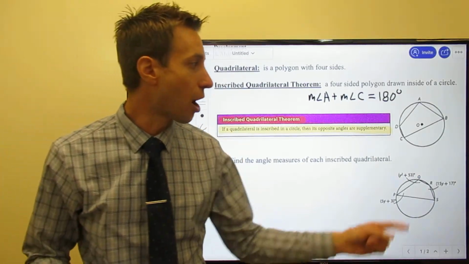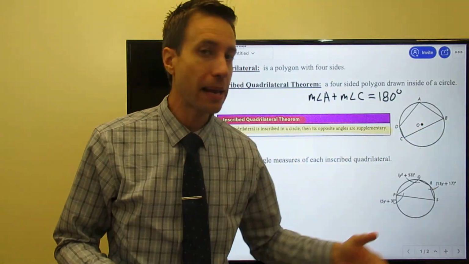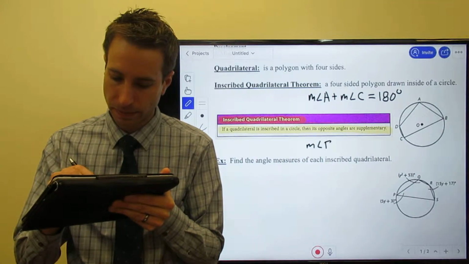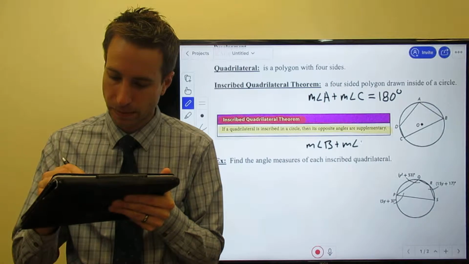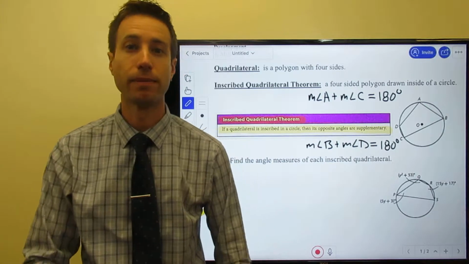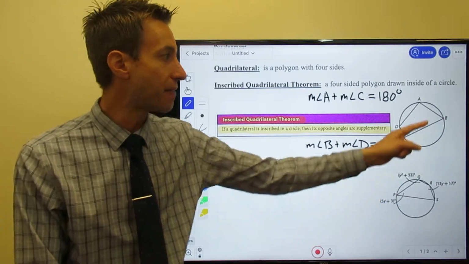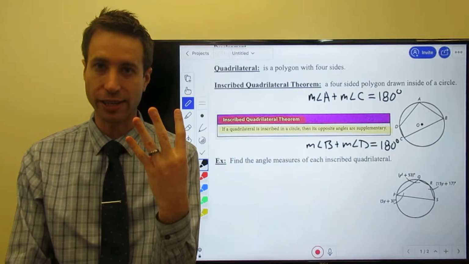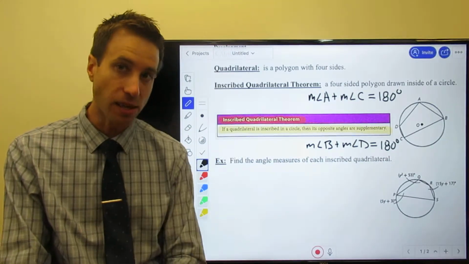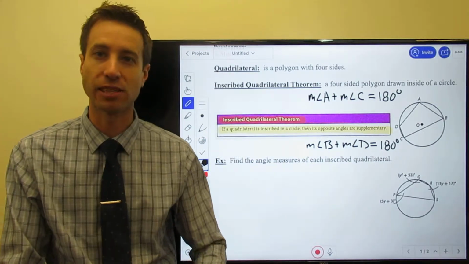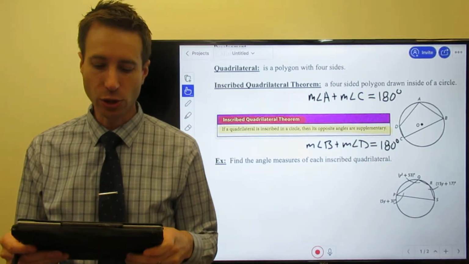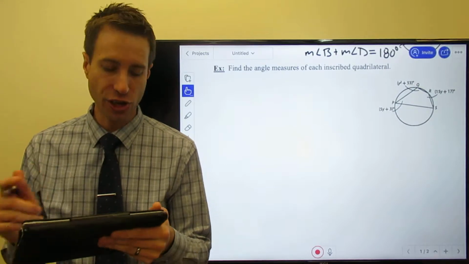That means that the opposite angles, D and B, also must sum to 180 degrees. That's it. That's all the theorem is saying. If you have an inscribed quadrilateral, an inscribed four-sided figure, opposite angles must sum to 180 degrees. They are supplementary. With that geometry, let's do a whole bunch of algebra.